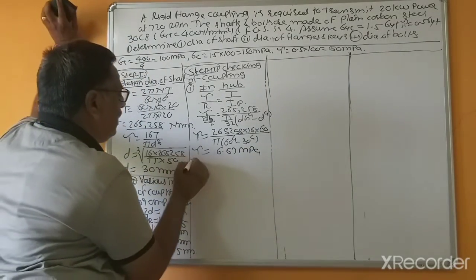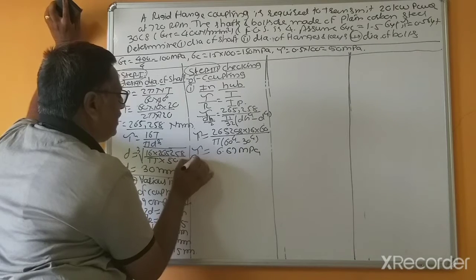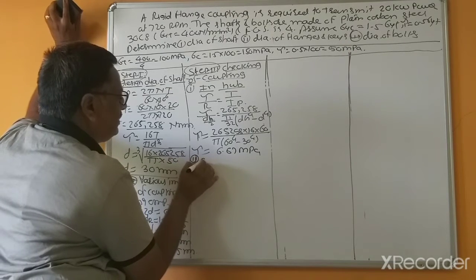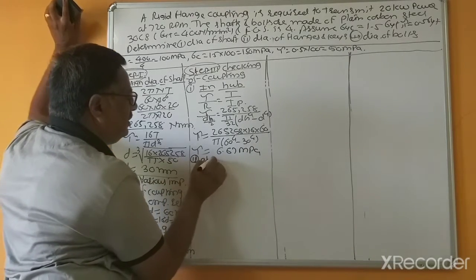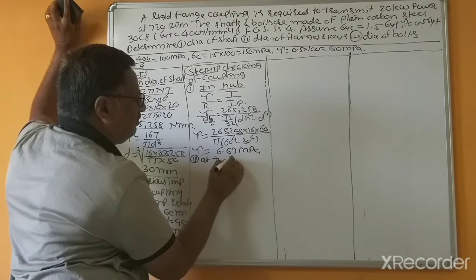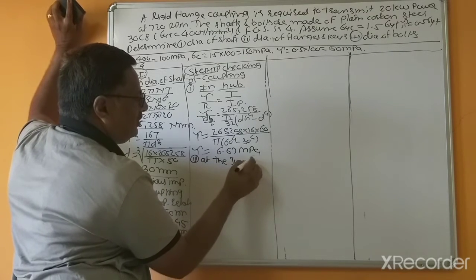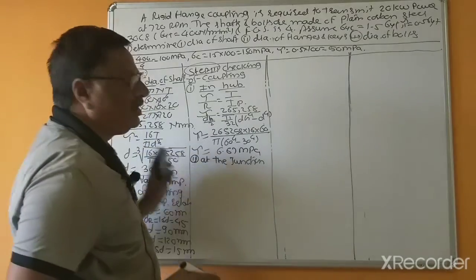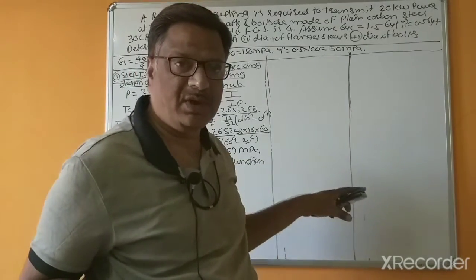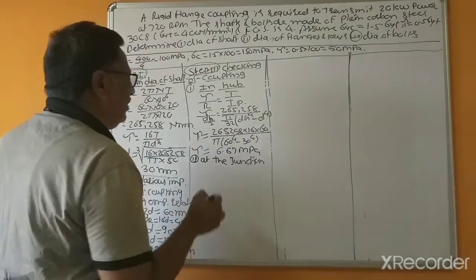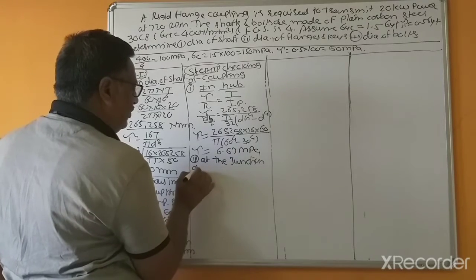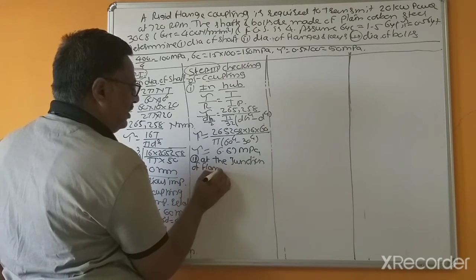Now at the junctions, the second bit means we have to check at the junction. Briefly I am writing. Now you can understand at the junctions means at the junctions of the hub and flange, or otherwise at the junctions of flange and hub.